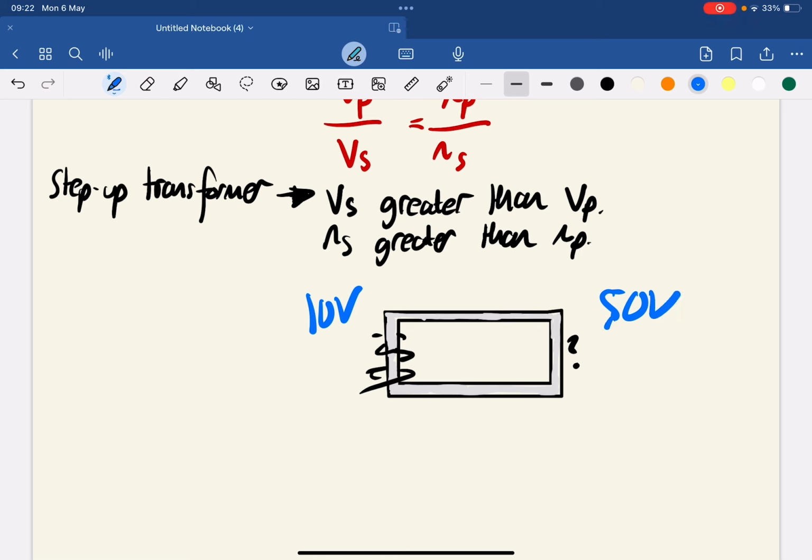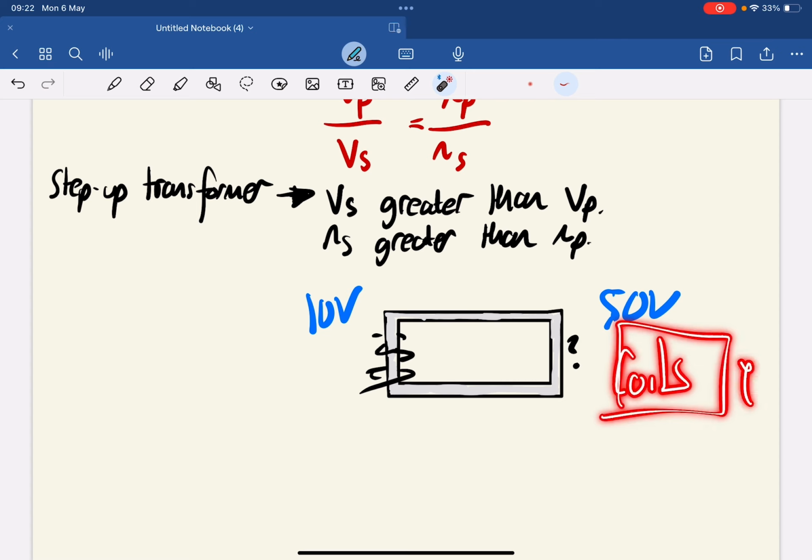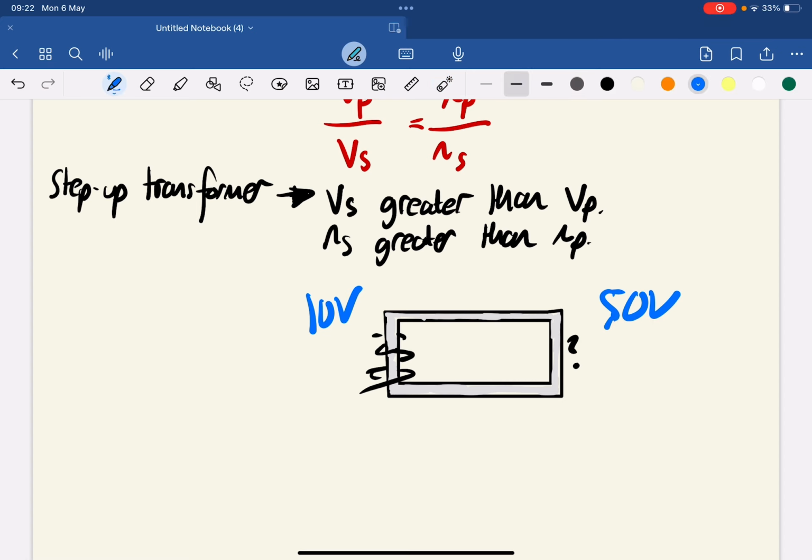So this should automatically tell you that because 50 is greater than 10, it's going to be a step up transformer, which means we need more coils here. So let's put those numbers into our equation.